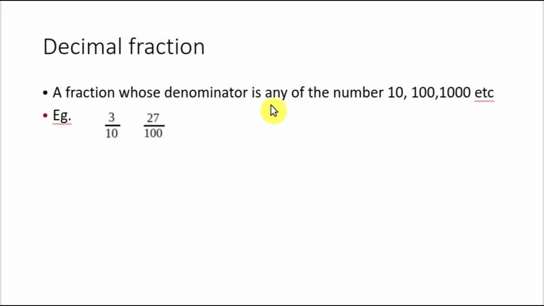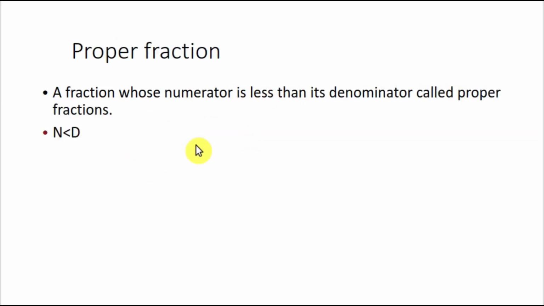A fraction whose denominator is any of the numbers 10, 100, for suppose 31 by 1000. These are all decimal fractions.